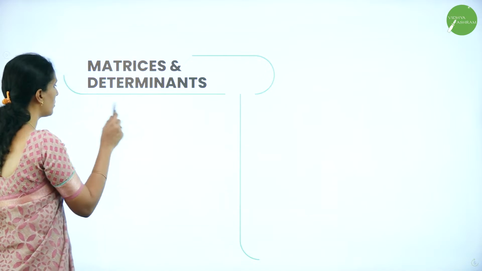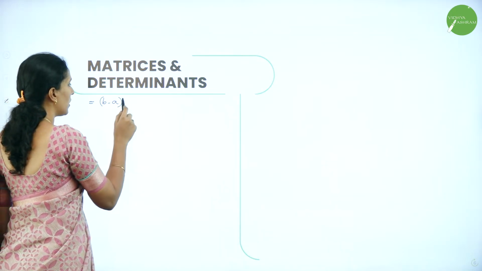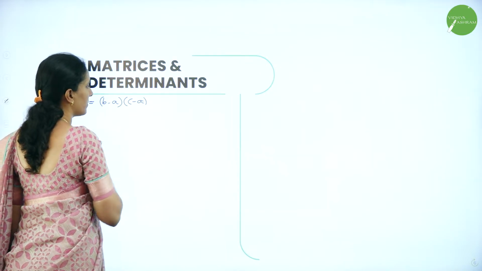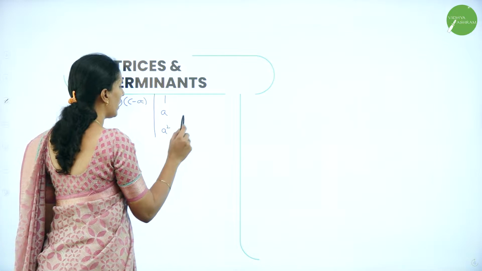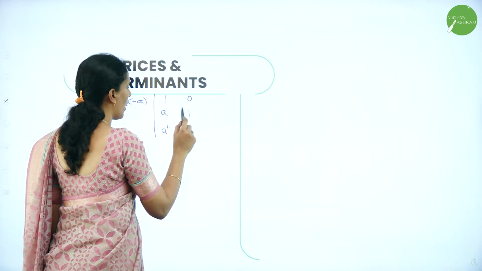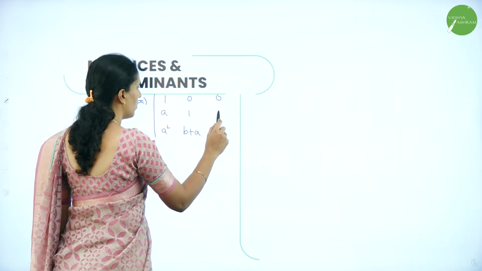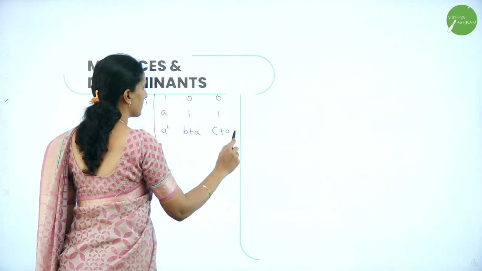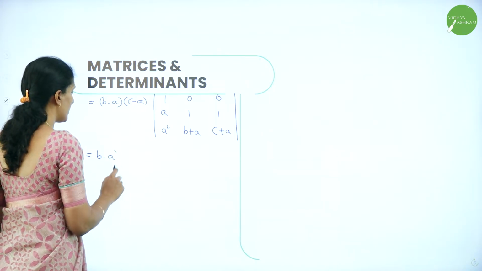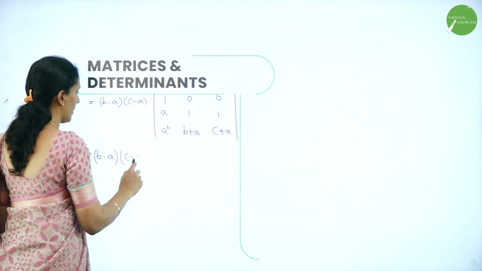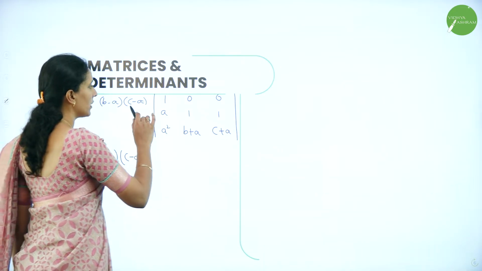After taking them out, we get 1, a square, 0, 1, b plus a, 0, 1, c plus a, with b minus a and c minus a outside. Now we can clearly expand the determinant using the first row.